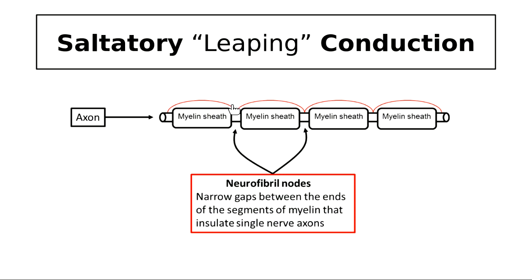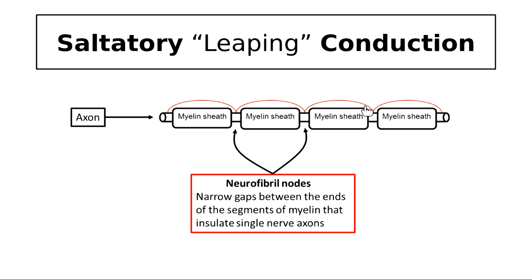Remember, that's the space in between the myelin sheaths that are formed by each neurolemmacyte. There's a little thin wrapping area in between called the neurofibril node. Narrow gaps between the ends of the segments of myelin that insulate single nerve axons. And saltatory conduction is where the impulse can jump from one neurofibril node to another.